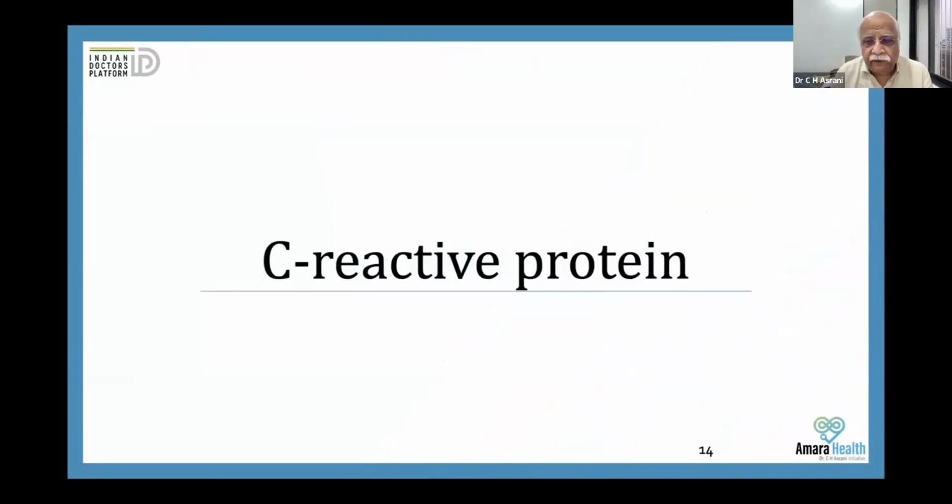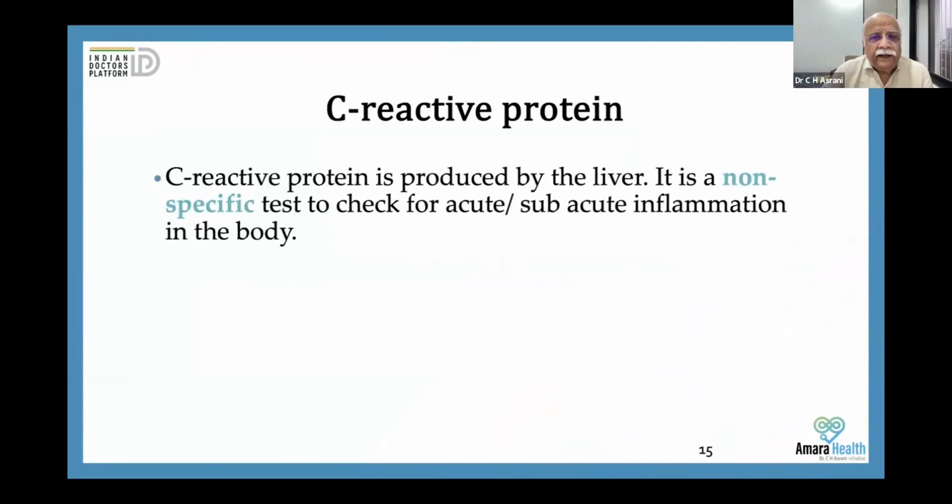C-reactive protein, everybody knows, but I'm just repeating. It's a protein produced by the liver. It's a non-specific test to check for acute or subacute inflammation in the body. That is all. It will not tell you where the inflammation is. It will not tell you what is the cause of inflammation.